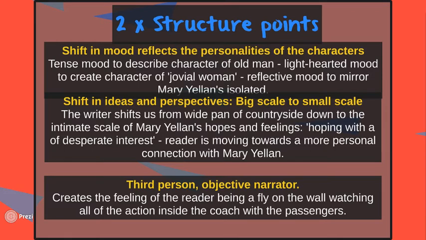In terms of development of the whole text, I identified the fact that we got this shift in mood, which actually I thought reflected the personalities of the people that the paragraph was describing. So, for instance, we had a very tense mood in that first paragraph to describe the character of the old man, but then we have a change in mood where actually we have a bit more of a light-hearted tone, and that really reflects the character of the jovial woman who's red-faced and winking at people.